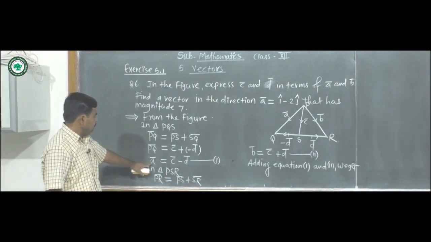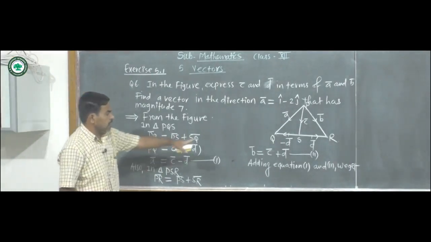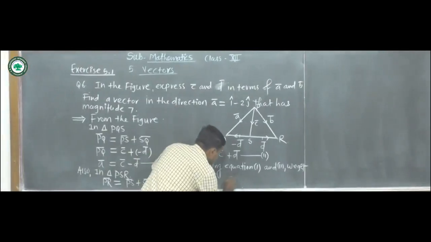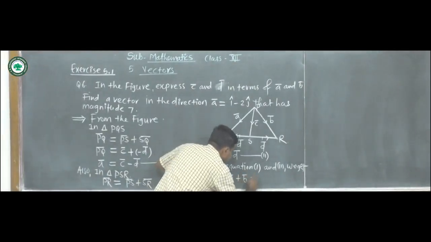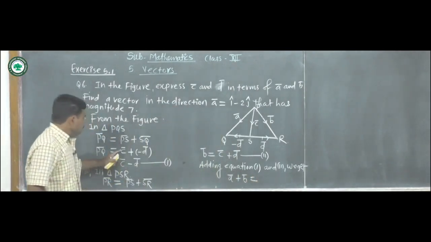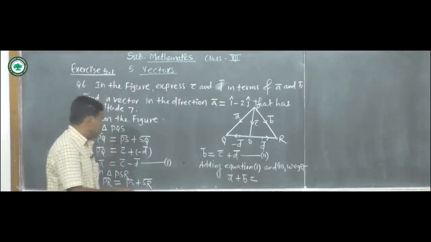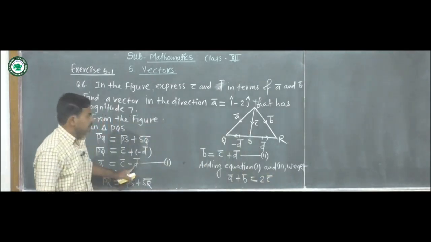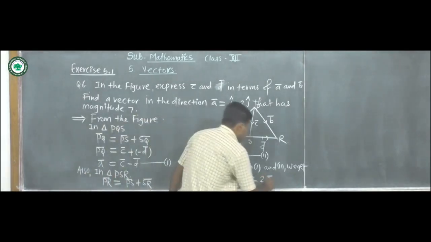See, in equation 1, left hand side is A, in equation 2, left hand side is B. So adding equation 1 and 2 means A bar plus B bar is equal to, now see here, C bar plus C bar, 2C bar, and here it is minus D bar plus D bar becomes 0 vector.